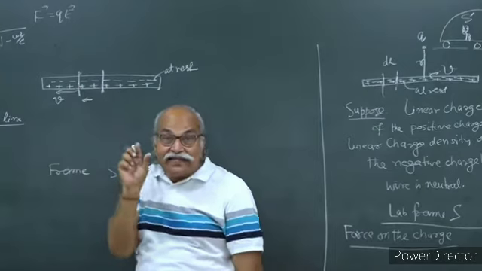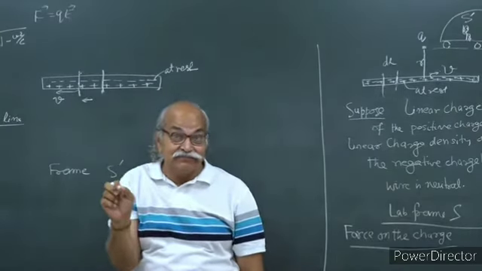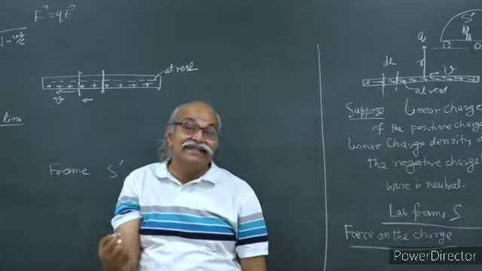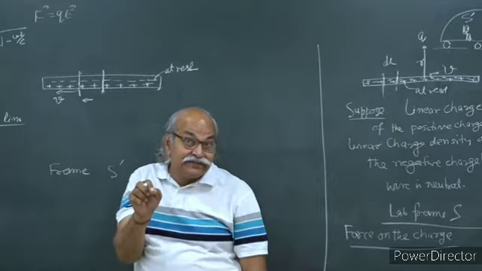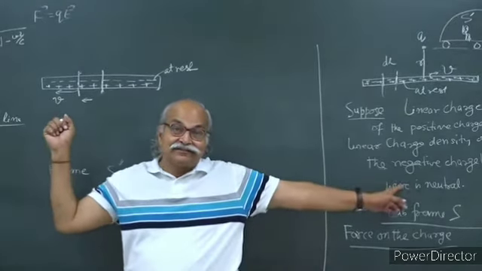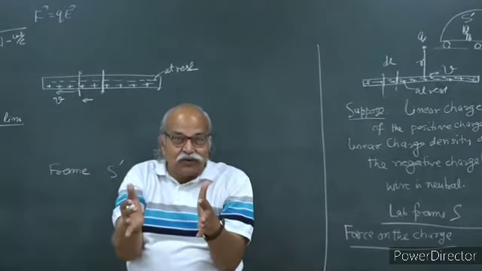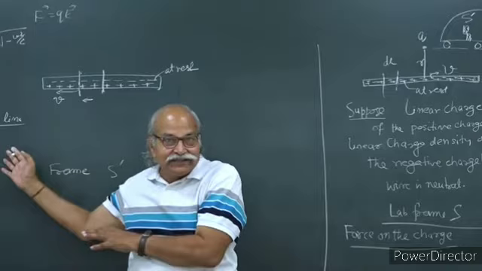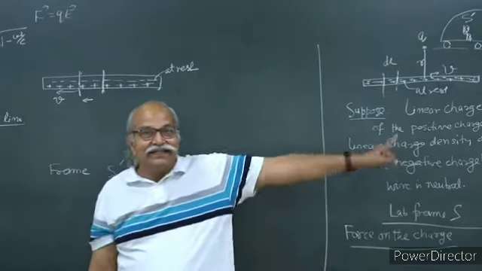And since the length has gone down, the charge remaining the same, the linear charge density, which is dq divided by dl, will be more here and less there, because the same charge is contained now in a smaller length. The length between these 2 red marks is smaller here and is larger there.